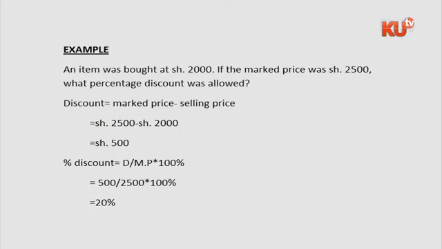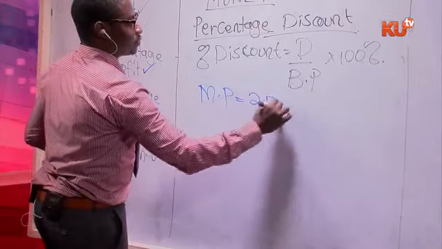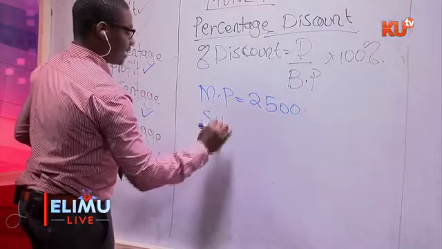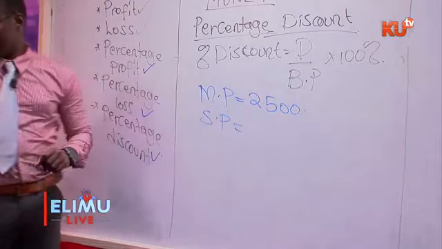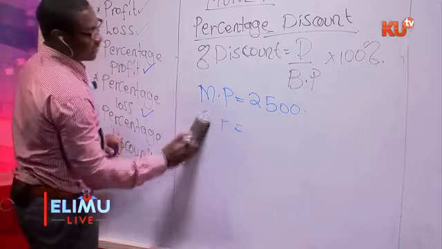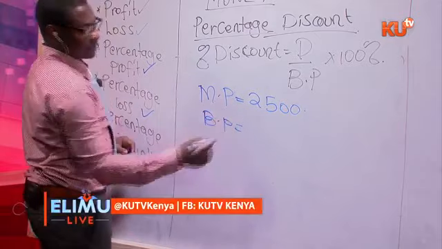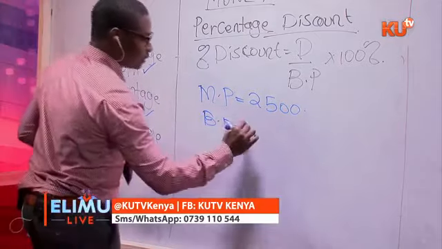We identify the important things in the question. So we have marked price. Marked price is always the price tag given. So marked price is 2,500. We have an item was bought. So that is the buying price. The selling price to the seller, but the buying price to whoever is buying. So the buying price here is 2,000.